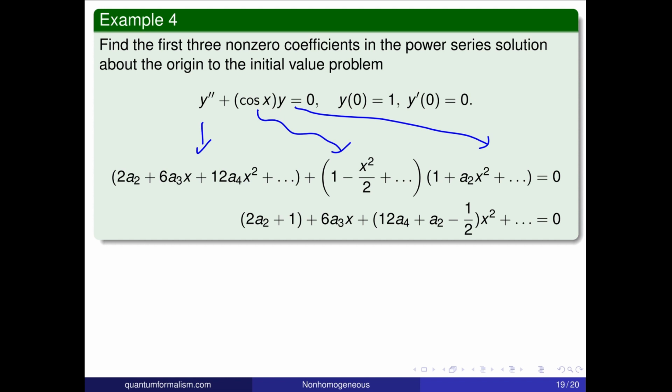You can see the reason why we're not going to be able to get a closed form formula for all of the power series coefficients and some nice recurrence relation is because we're multiplying two power series together here. This will be the product of two power series. And like I said, the product of two power series is a power series, but the coefficients in that power series are just going to get more and more complicated, right?